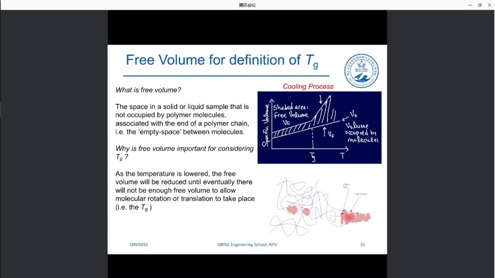So when we use this graph here to observe the cooling process from the liquid state to the glassy state, we have V0, which is the volume occupied by molecules. So this is standard, and of course at the glass transition we have a characteristic change of slope over here, and the shaded area has to do with the free volume. When we lower the temperature, the free volume is reduced because the molecules stop moving.